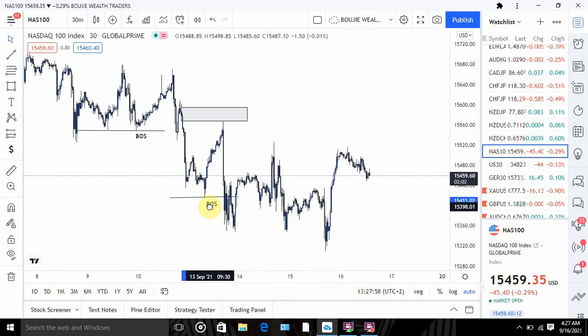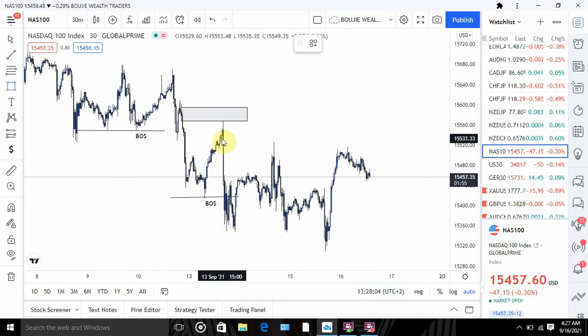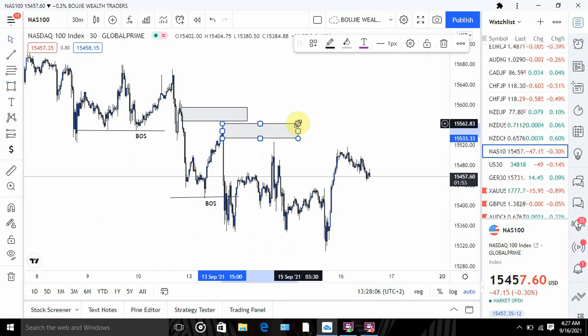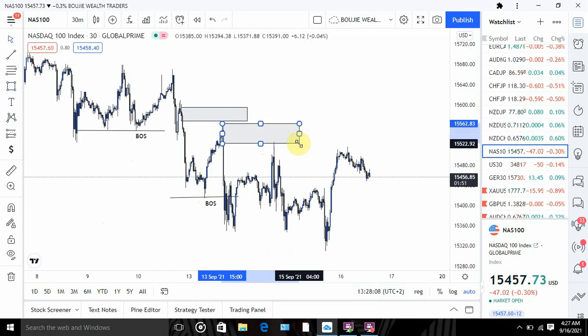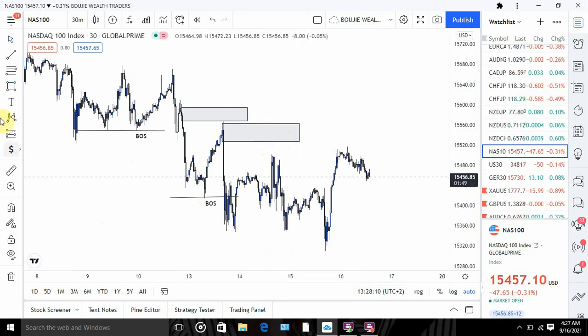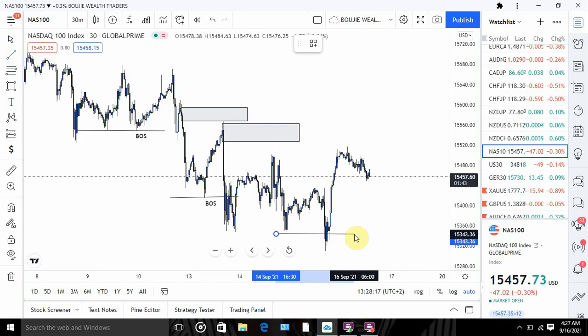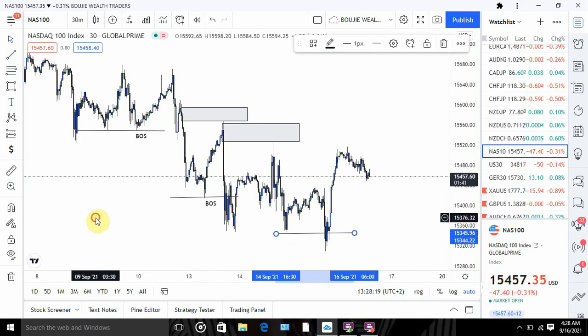After the market broke this structure, we created a new low. Then the market came back to respect our what? Our point of interest. Another thing, the market broke the structure here to create another new low. Where is our point of interest?